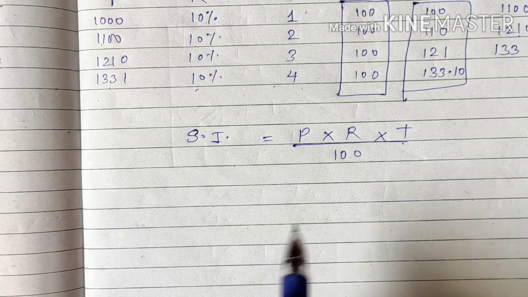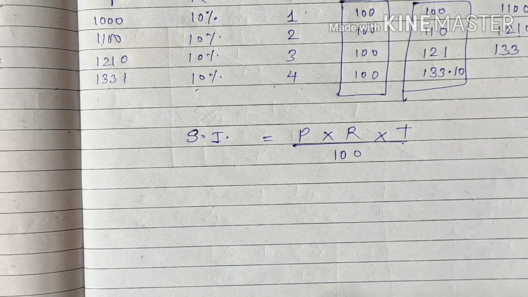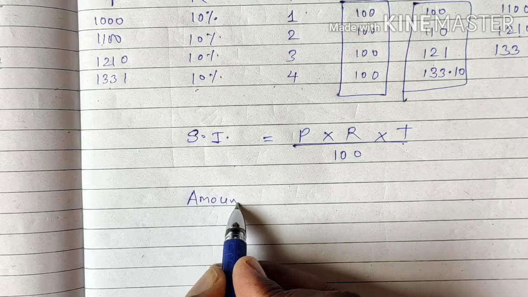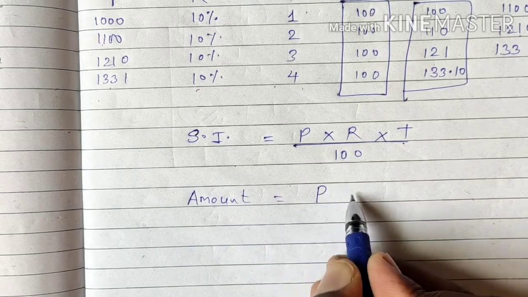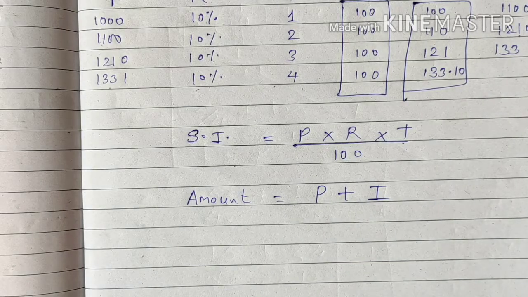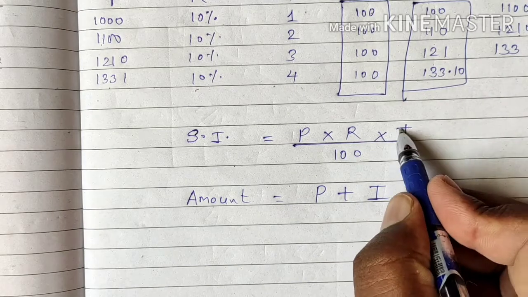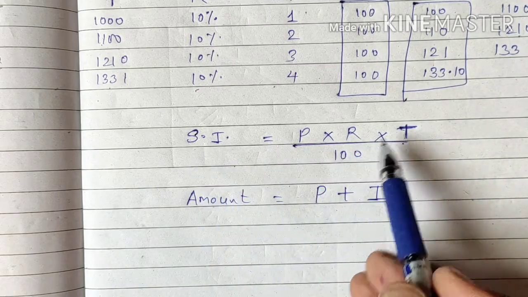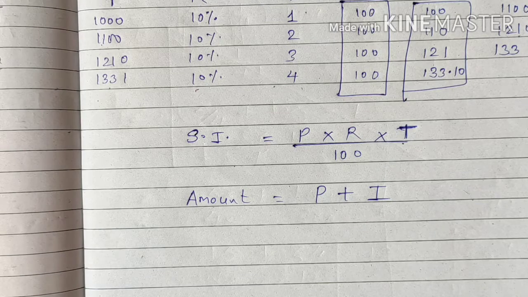Okay, so this is the general formula, and in case we want to find the amount, the formula will be principal plus interest. With the help of this formula we can find the simple interest for 1 year, 2 years or n number of years. Is that clear to everyone?